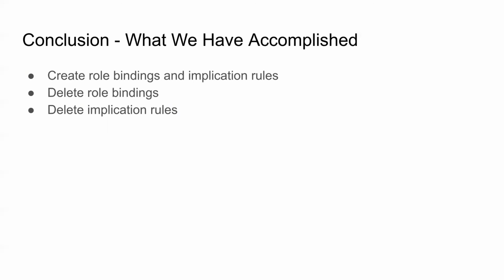We were also able to delete our original role binding, along with automatic deletion of the implication rules applied to that role binding. And when we add that role binding back, the implication rules we first added on that role binding will come back as well. On the opposite, when we delete implication rules, the original role binding will not be affected, and only the implied role binding will be deleted.